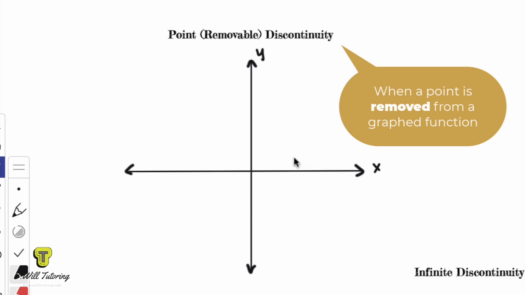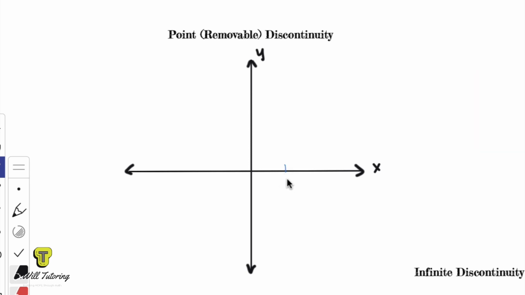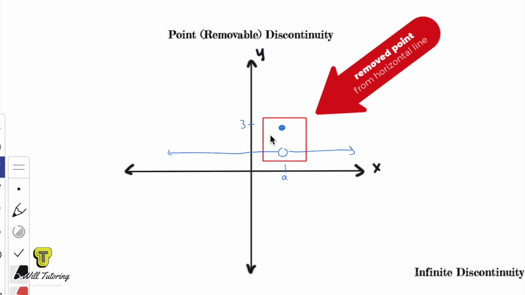An example of what that would look like: let's say we're at A, and we have a horizontal line, but then right at about y equals 3, we see that this is where the point has moved to. So this would be an example of point discontinuity here, because my point has literally been removed from my horizontal line.